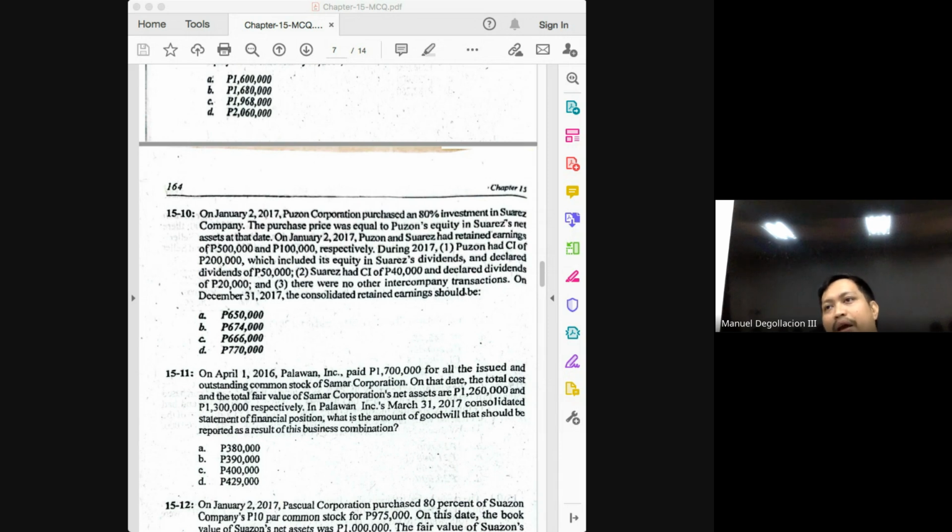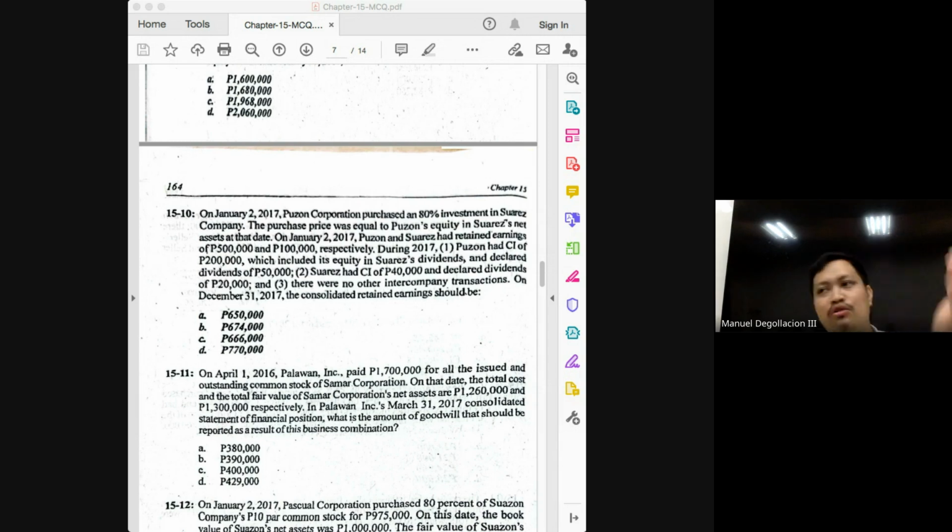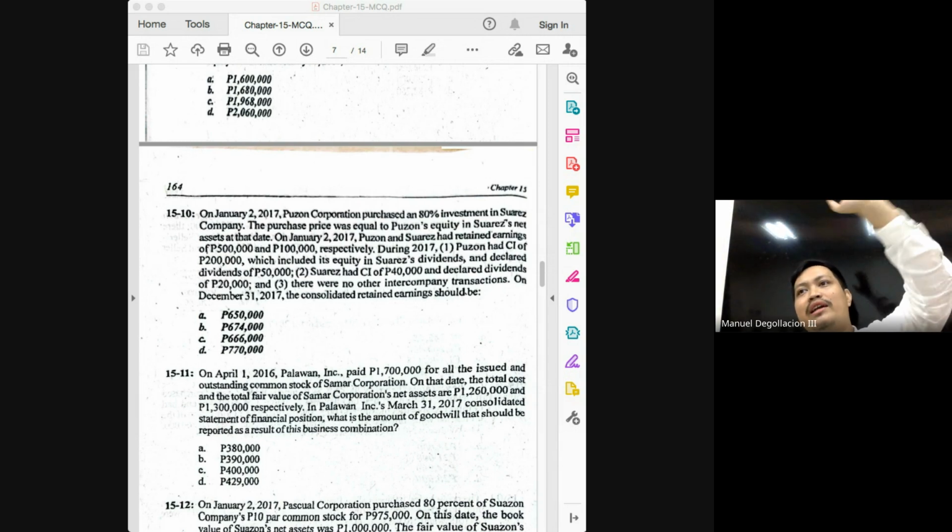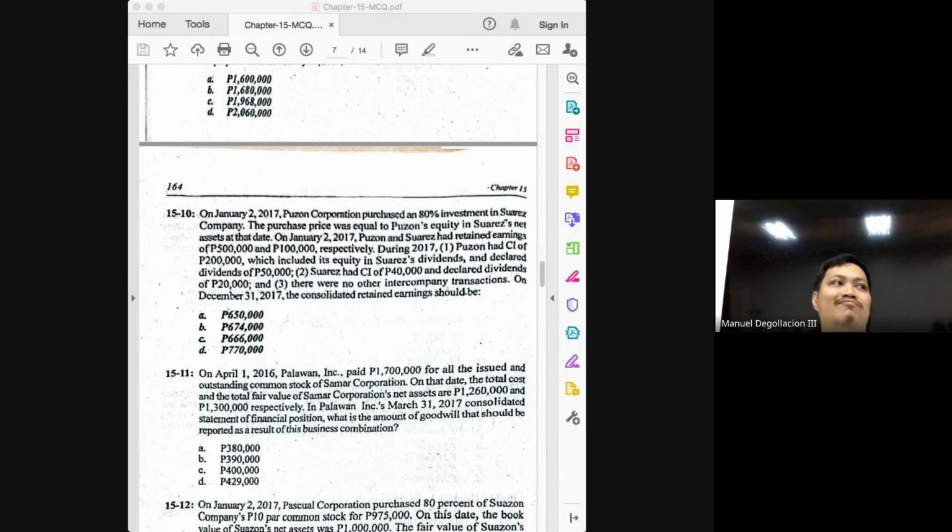What do we mean by undistributed earnings? Earnings that have not yet been distributed. It should be self-explanatory, class. So meaning whatever income earned by the subsidiary, class, and that was not given out as dividends, that will be your undistributed earnings.